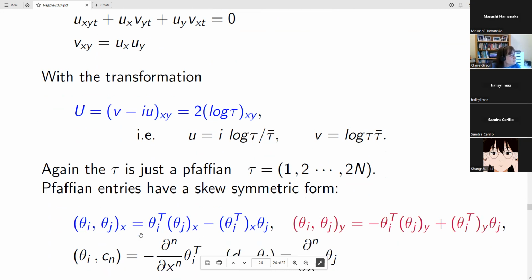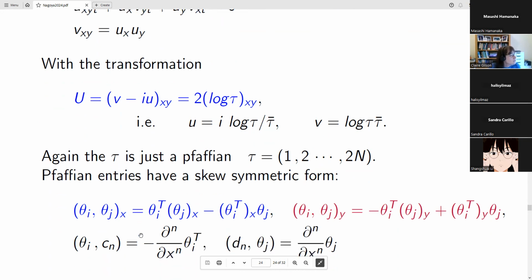So this is an interesting equation because the x and the y variables have the same weight as one another. If I've got an entry in the Pfaffian, labeled by theta i, theta j, my thetas are eigenfunctions.